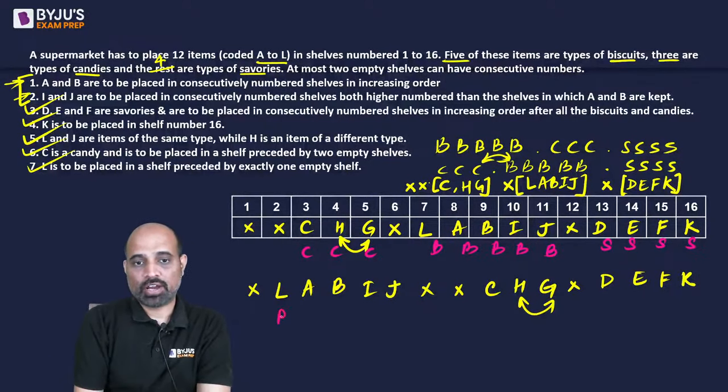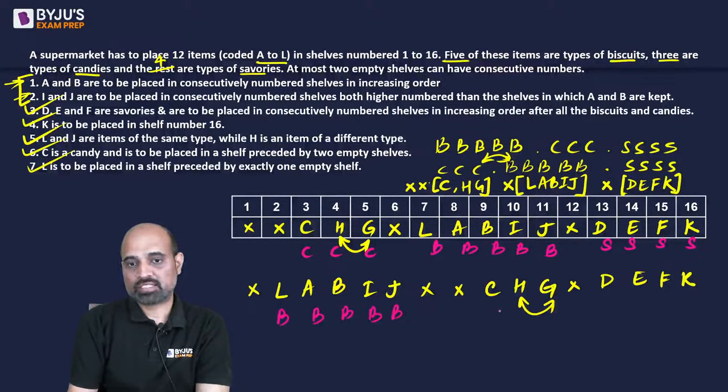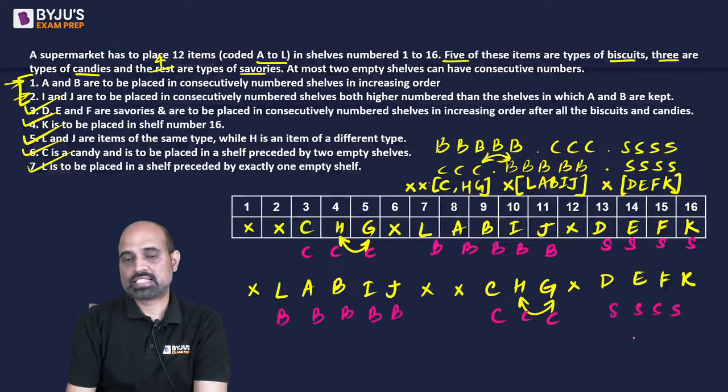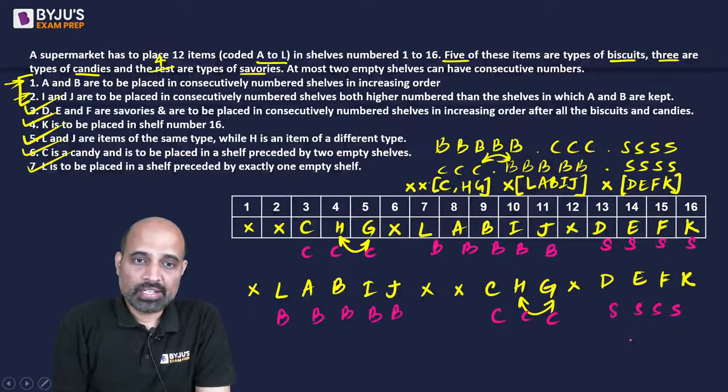And we are going to have these 5 biscuits, these 3 candies, and these 4 savories, right?